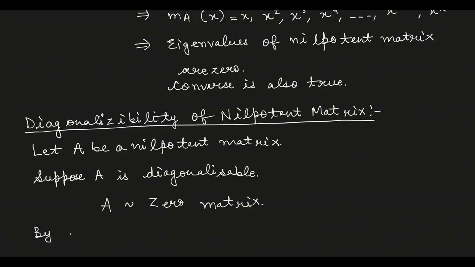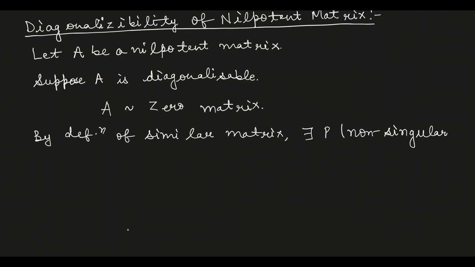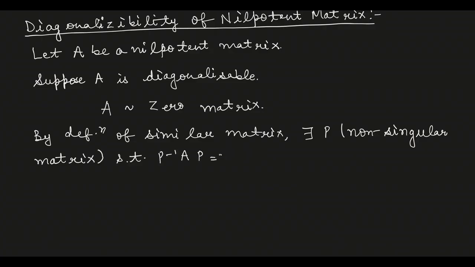Now by definition of similar matrices, there exists P, which is a non-singular matrix, such that P inverse AP is equal to 0, the 0 matrix.